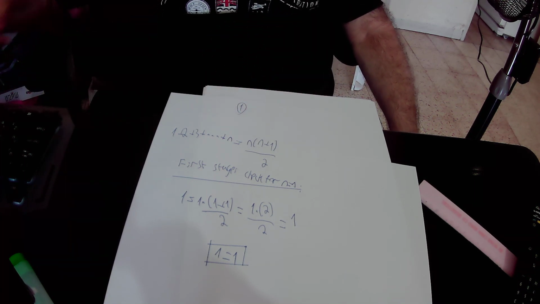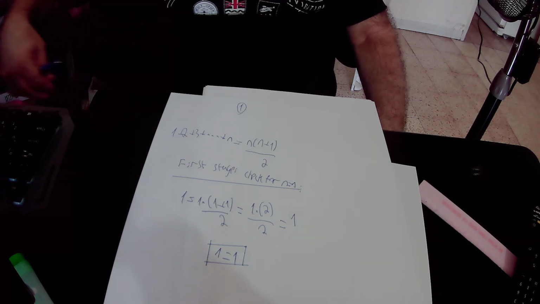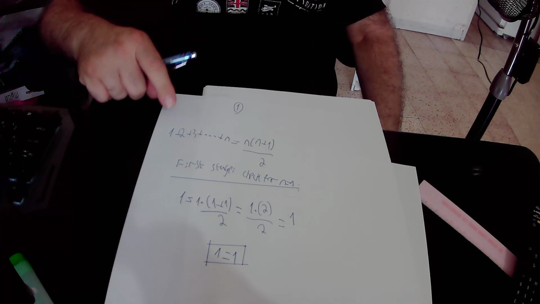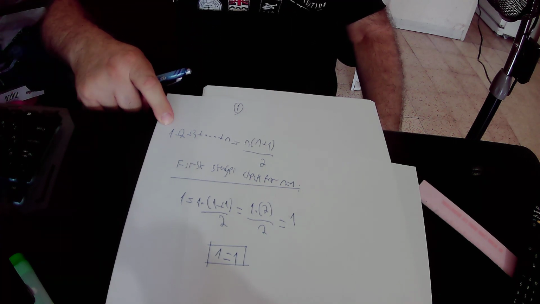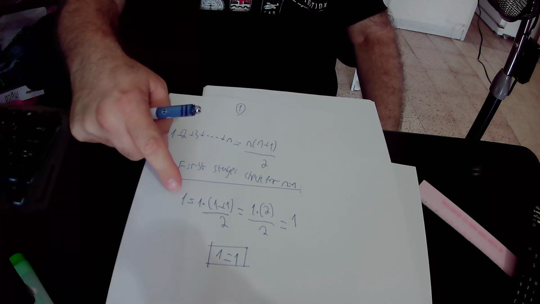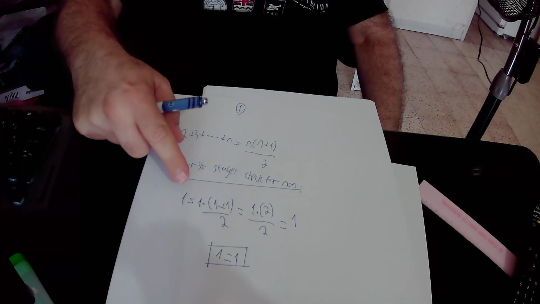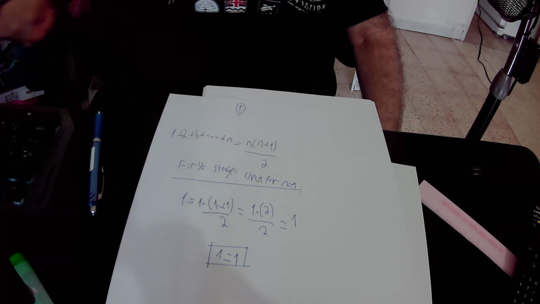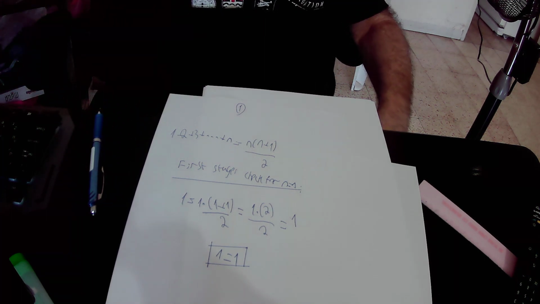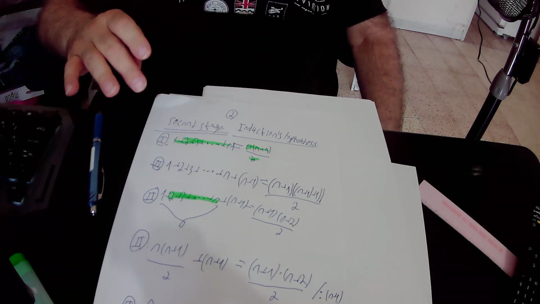Why? Because, as I already explained to you, we have already proved that this statement is true for n that equals 1. It is the thing that we did in the first stage. We checked that it is true for n equals 1, and it is indeed true. And in the second stage we proved that if it is true for n, it also must be true for n plus 1.